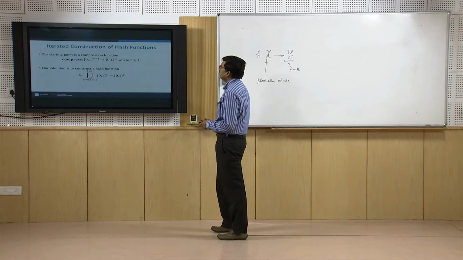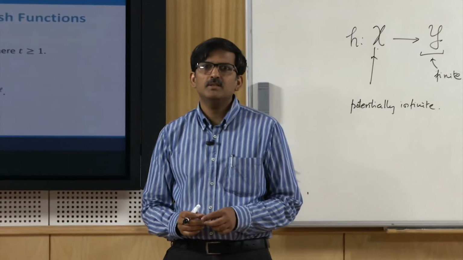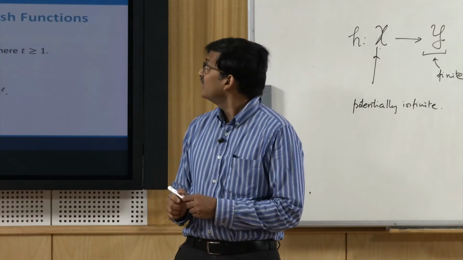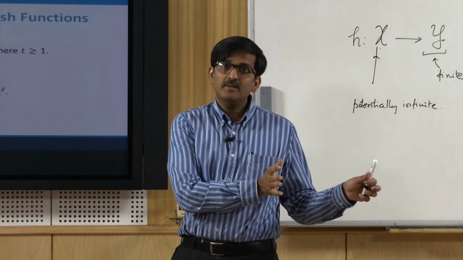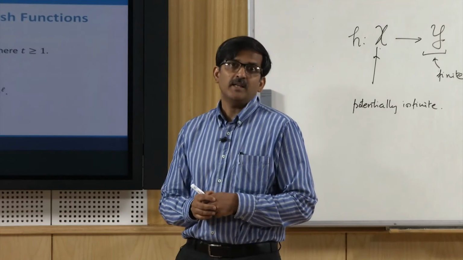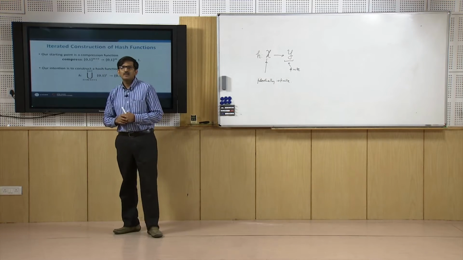Now, we will assume that we have some access to functions which are called compression functions, that is functions from a large finite set to a smaller finite set, and we will call that function compress.